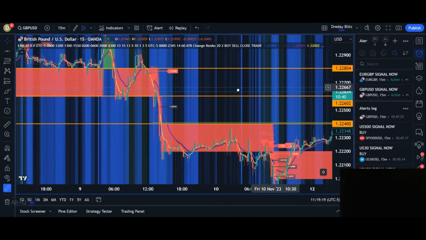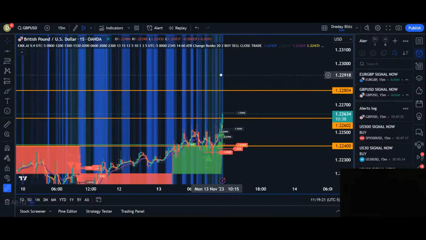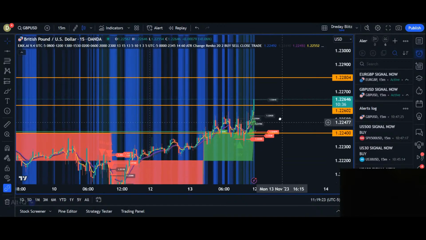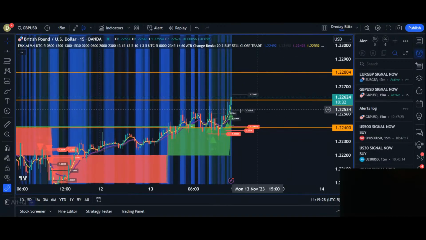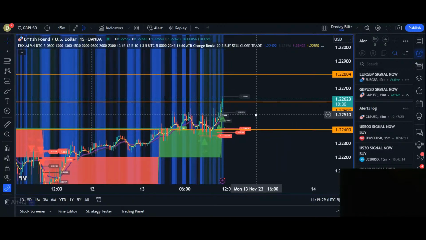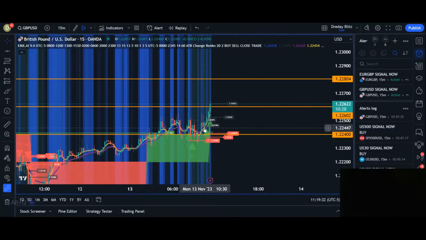So if we look at the current market, that means that if it continues going up, the next take profit zone will be here.